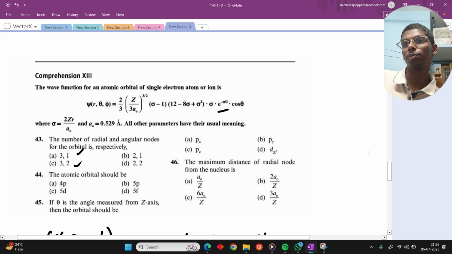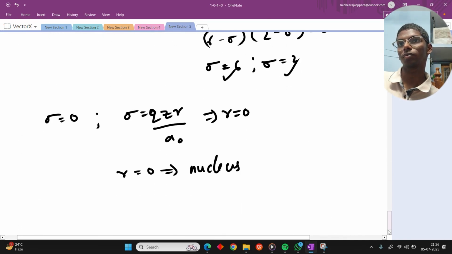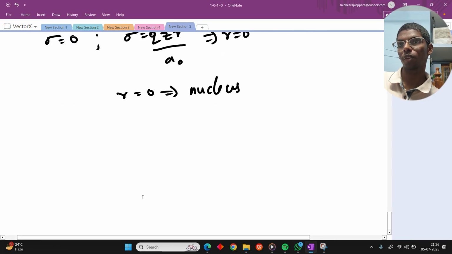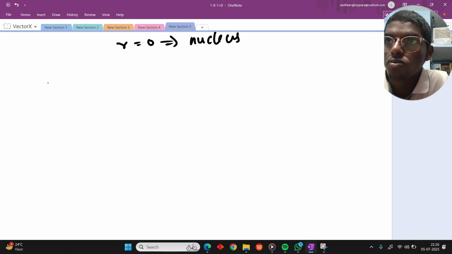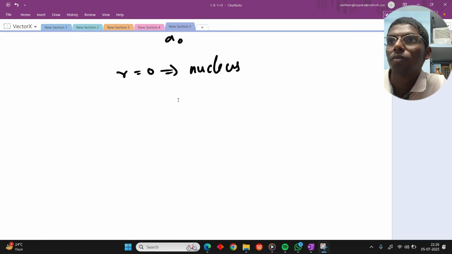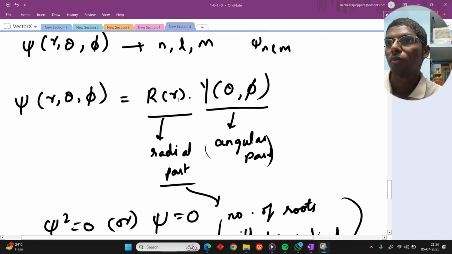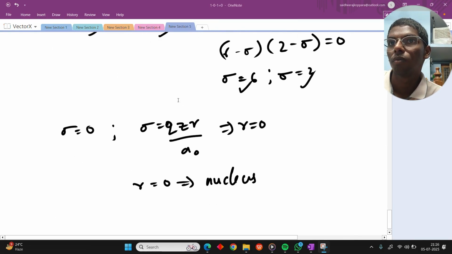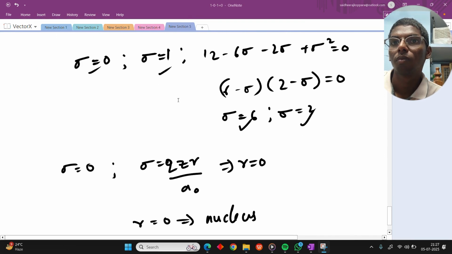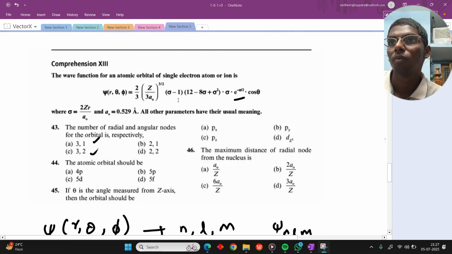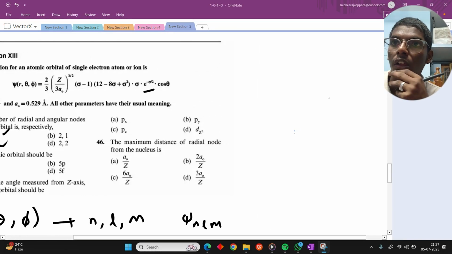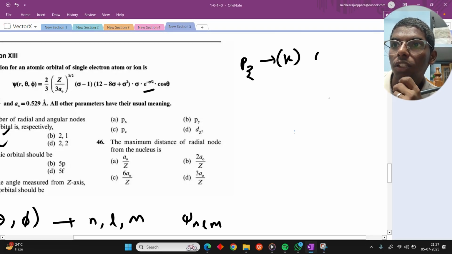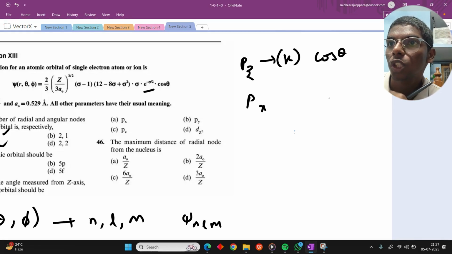While solving it further, I would be saying, sigma equals 1, sigma equals 6, sigma equals 2.